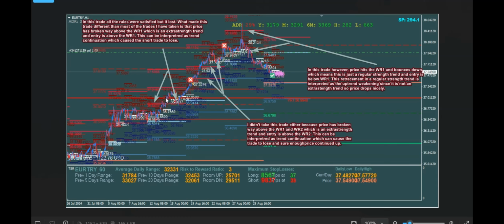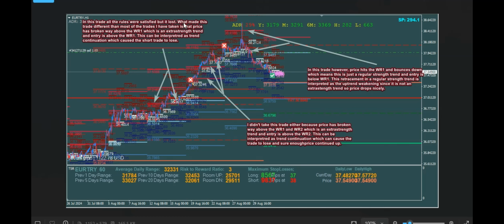And price also hit one of the previous daily R levels. Then price found value below the daily middle pivot, but price did not reach the initial target of the daily S1. Then price retraced back up and stopped me out.